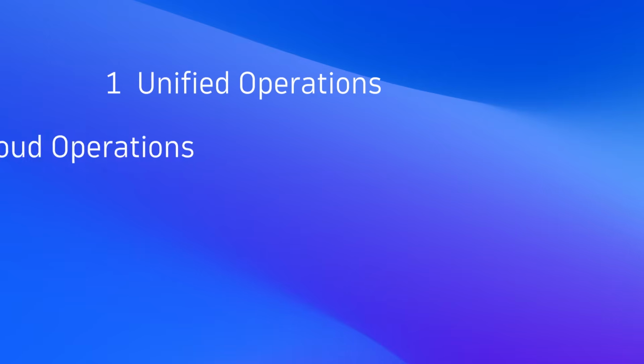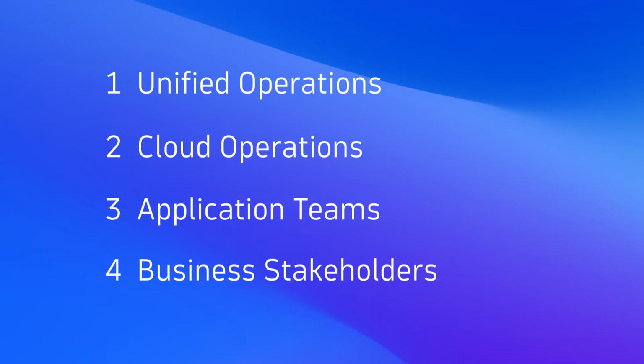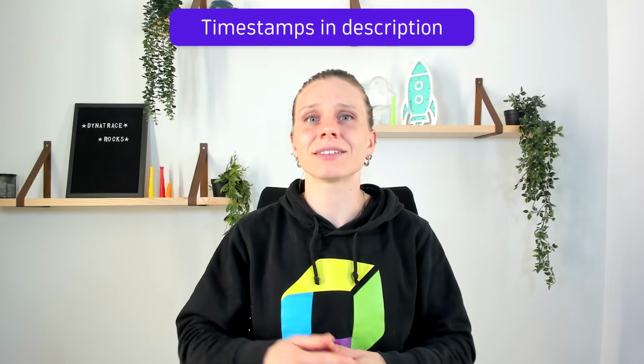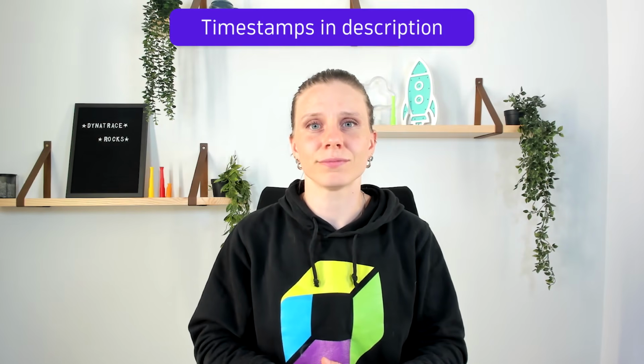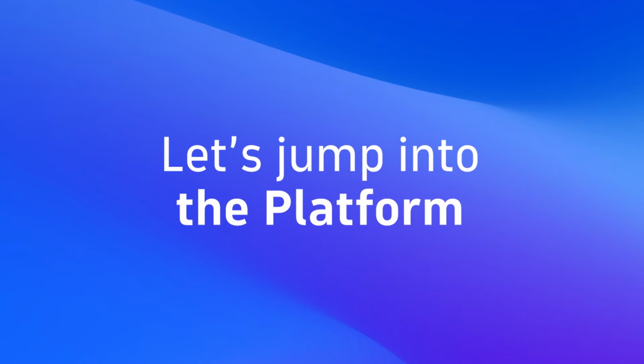This will basically show you how each type of professional role can benefit and get value from using Dynatrace straight out of the box. And if one section sparks your interest and meets your business requirements more than the others, then you can go ahead and skip using the timestamps in the video's description. Let's jump into the platform.